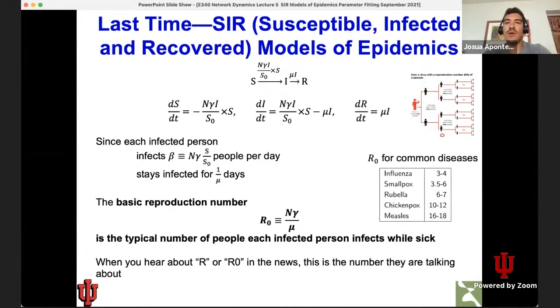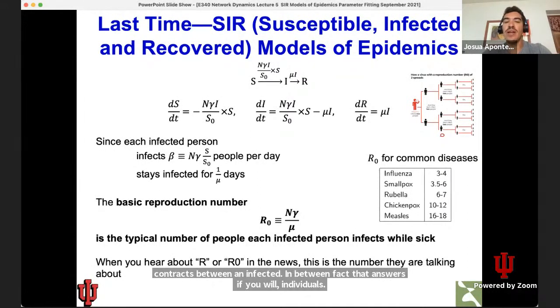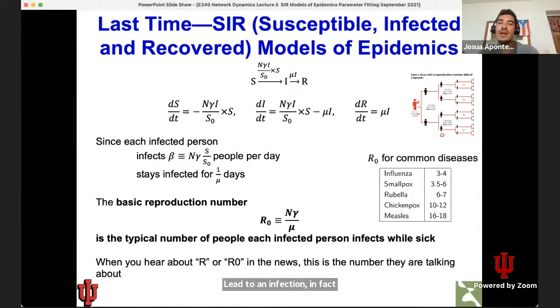And we saw that that number is given by N times gamma over mu, N being the number of contacts between infected and susceptible individuals, gamma being the probability that such encounters would lead to an infection event, and 1 over mu being the time that a person spends in this infectious state.